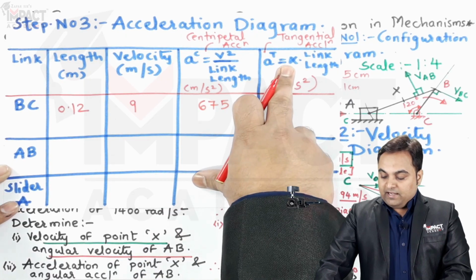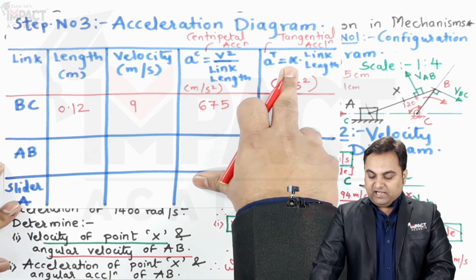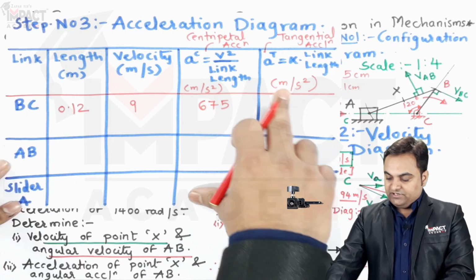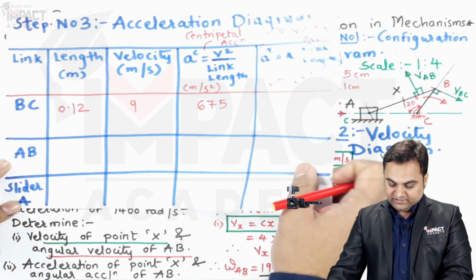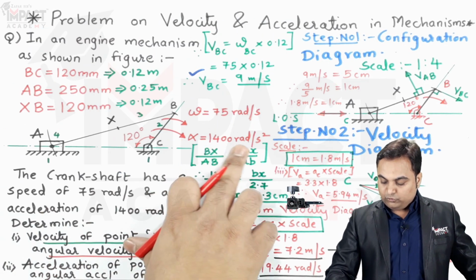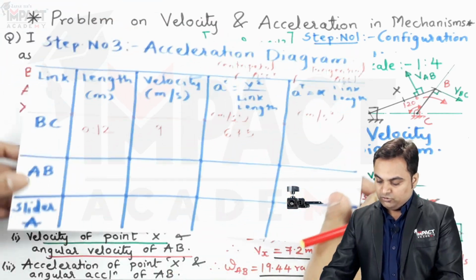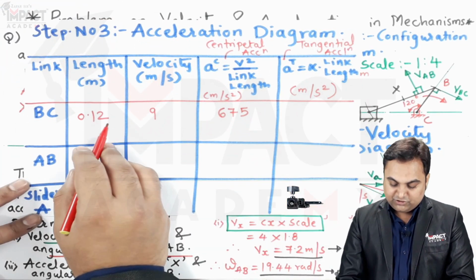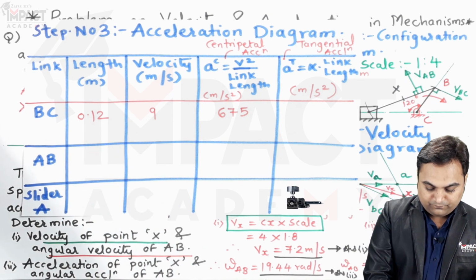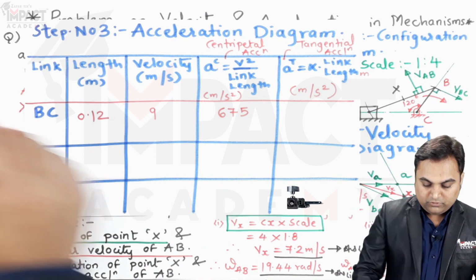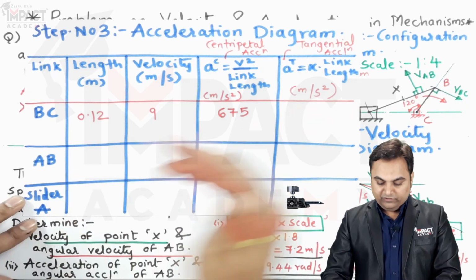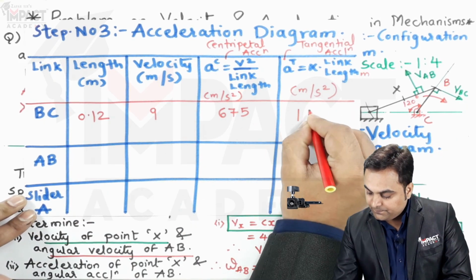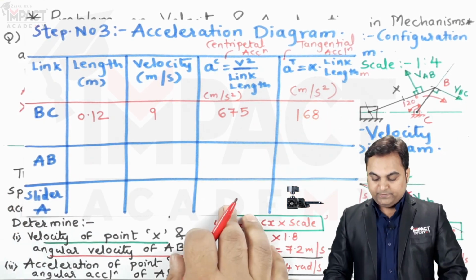Then for the tangential acceleration, alpha is required, which is angular acceleration, and in this problem it is given. It is 1400 radian per second square. So 1400 multiplied by the link length, which is 0.12, gives the answer 168 meter per second square.